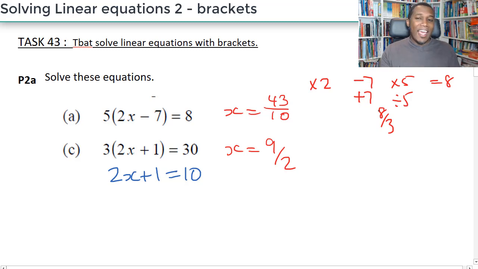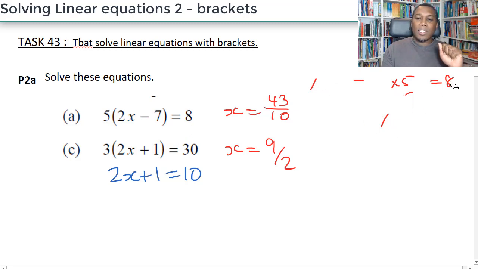Function machine method, when you're not getting whole numbers, not a lot of fun. Not a method that you want. So for the most basic of solving equations, using a function machine is a very powerful tool. But as soon as we get into the world where we can have fractions, as soon as the equations become more complex, the model is not as nice as you would like.